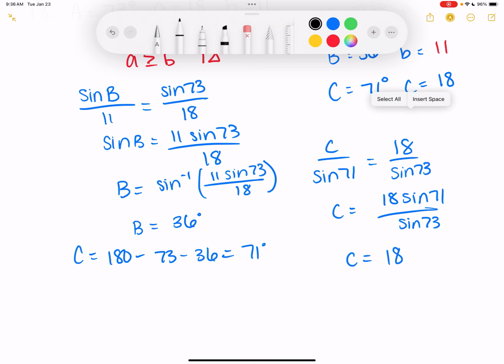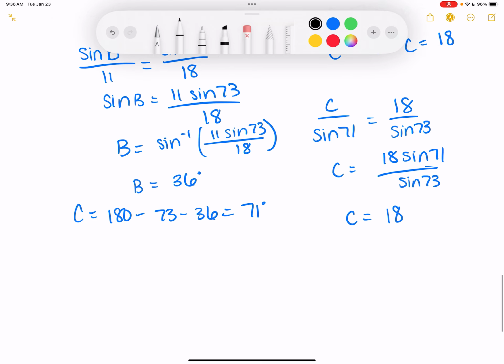Let's see. 22. Angle A is 55 degrees, angle B is 64 degrees, and side C is 34.